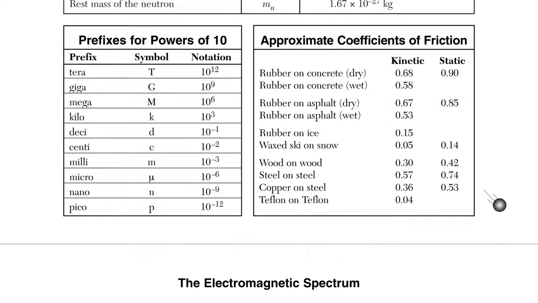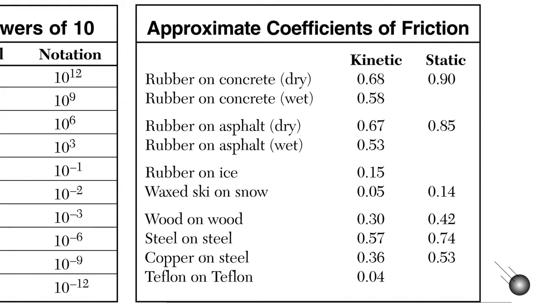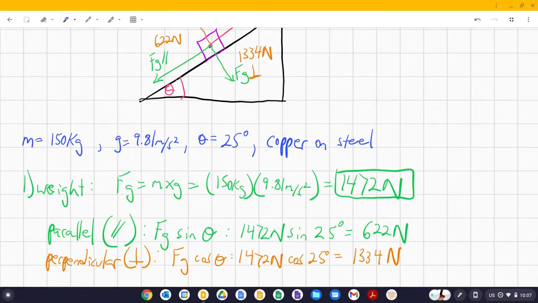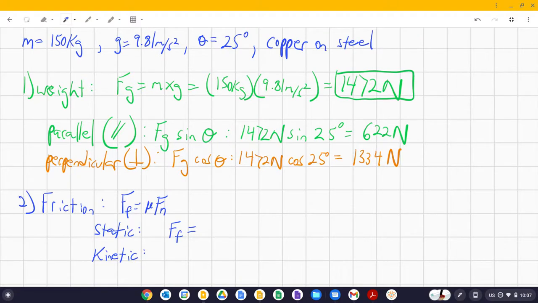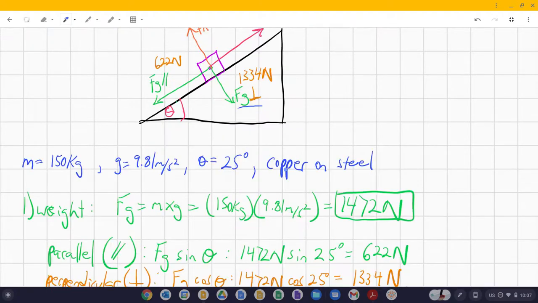All right, copper on steel static is 0.53, okay? So that means we're going to take 0.53 and multiply that by the normal force. And don't forget, the normal force is equivalent to how much the weight is pushing onto the surface but pointing back up. So once you find the perpendicular weight, you found the normal force. So it's 1334.